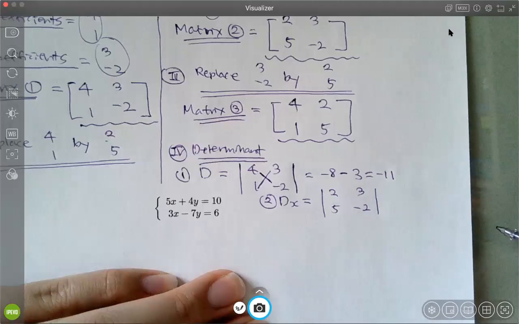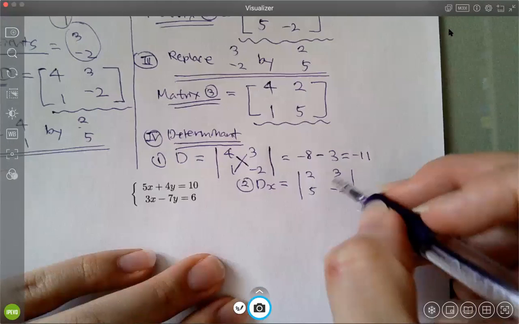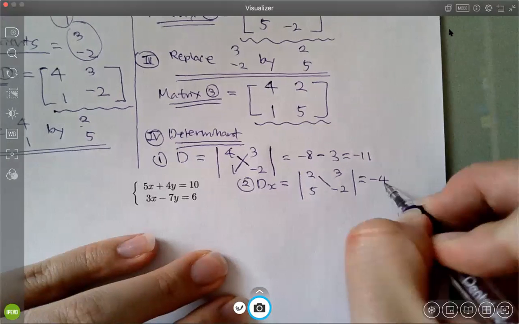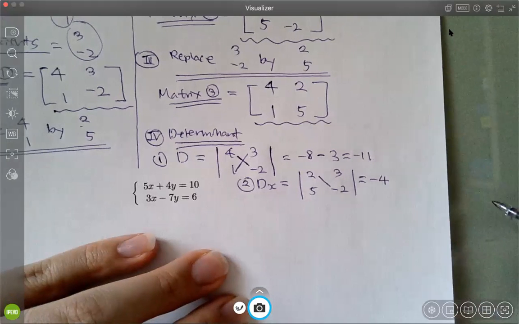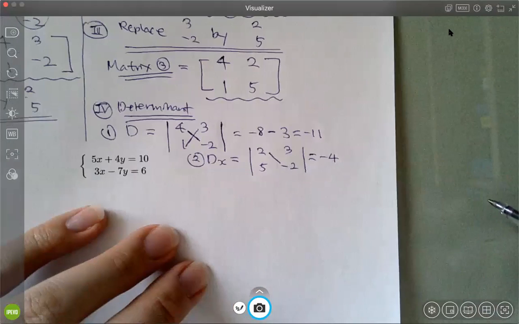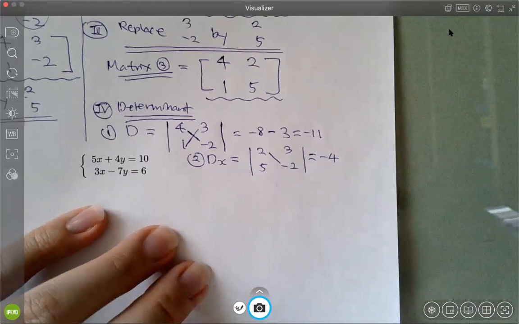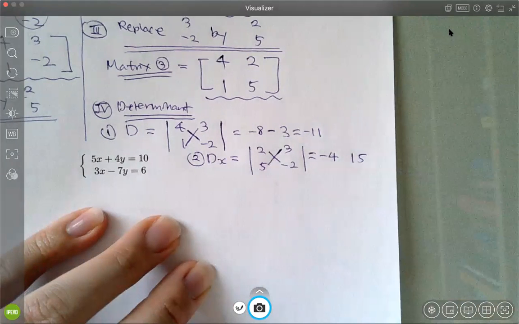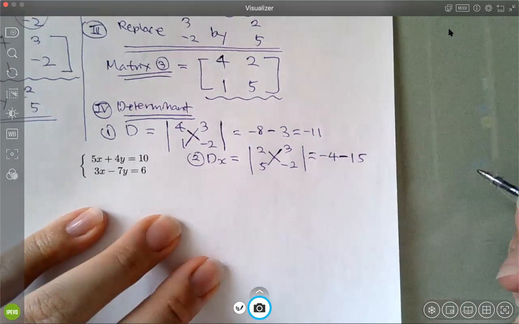First, 2 times -2, that's -4. Then this times that, that's 15. In the middle, you have the subtraction. So -4 minus 15 is -19.